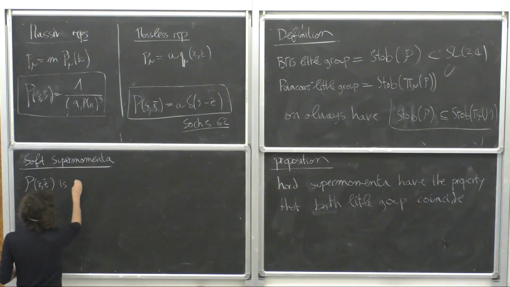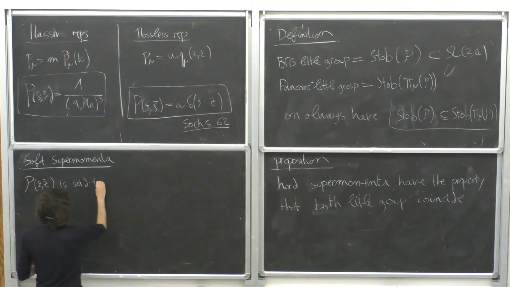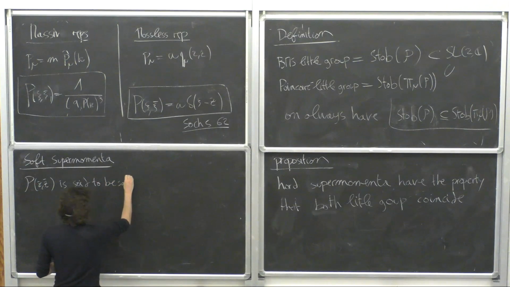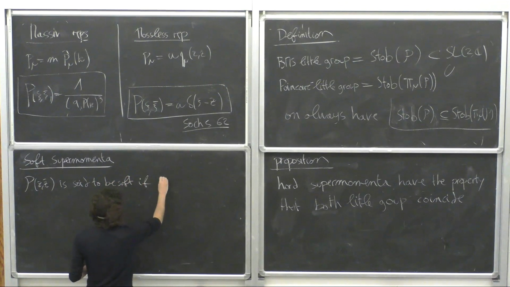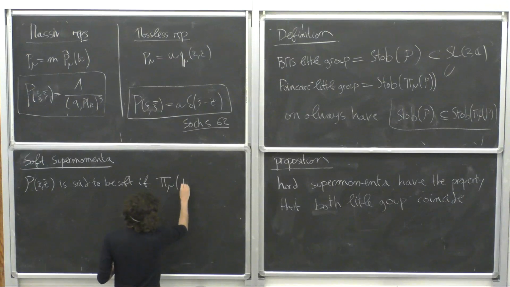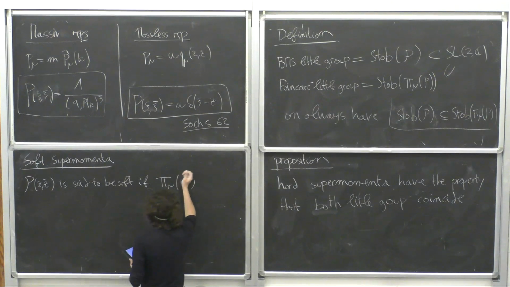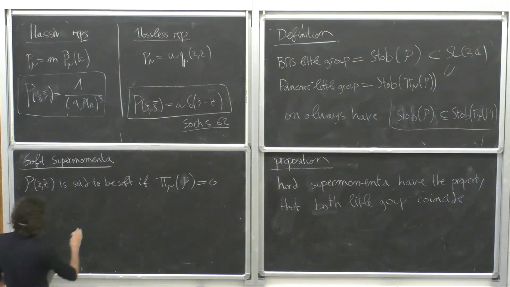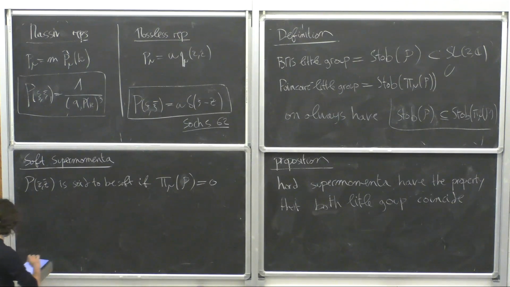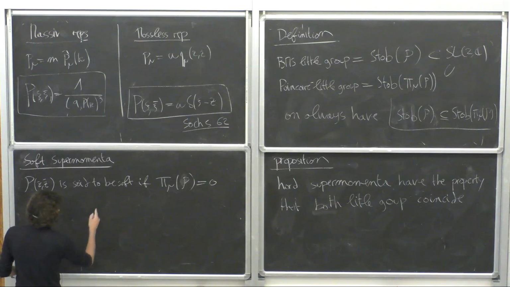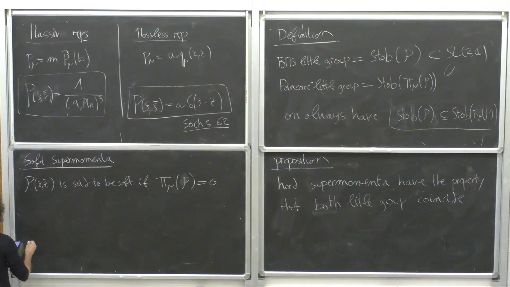Said to be soft if its projection is zero. So this would give you a very strange representation. These are like zero momentum representations. If you were to think of them in terms of the Poincaré group, the corresponding representation would have zero energy, zero momentum. So I think that's why they deserve the word soft. We'll be justifying the name a little bit more later on.